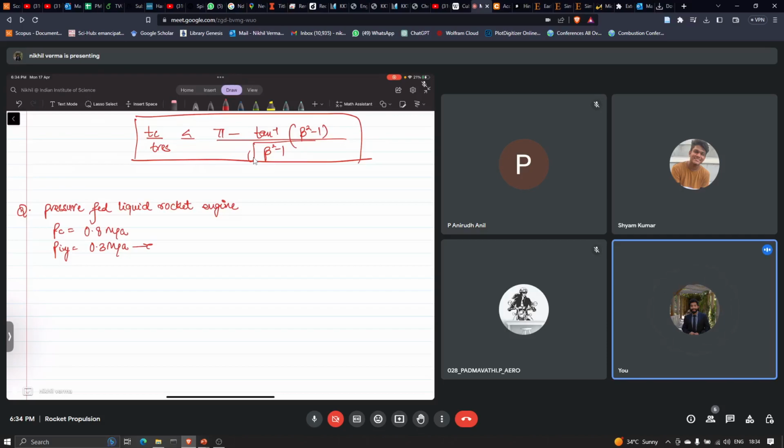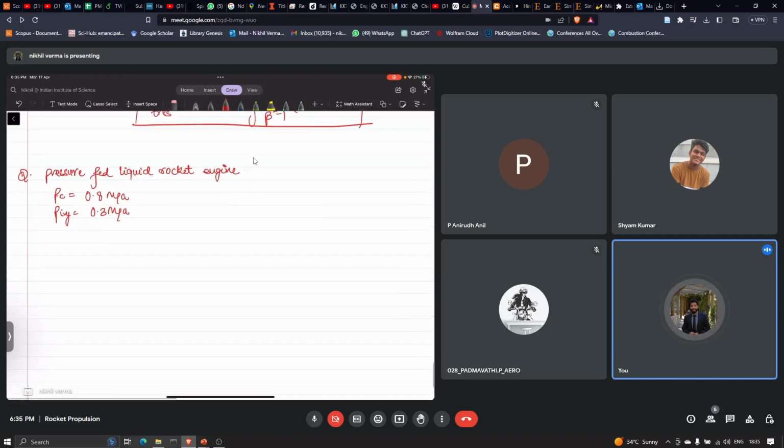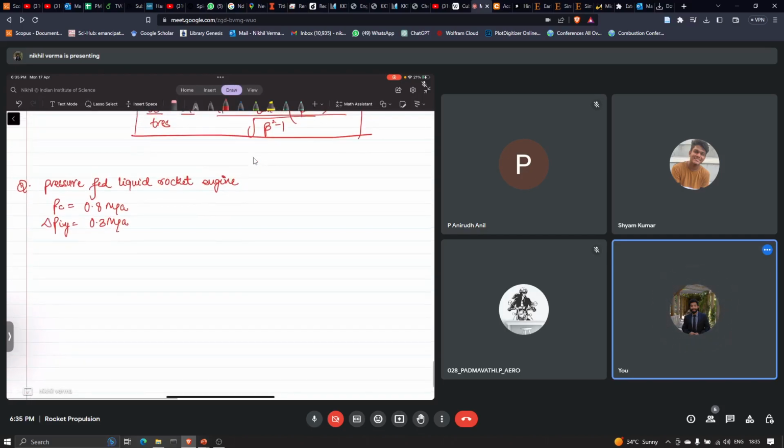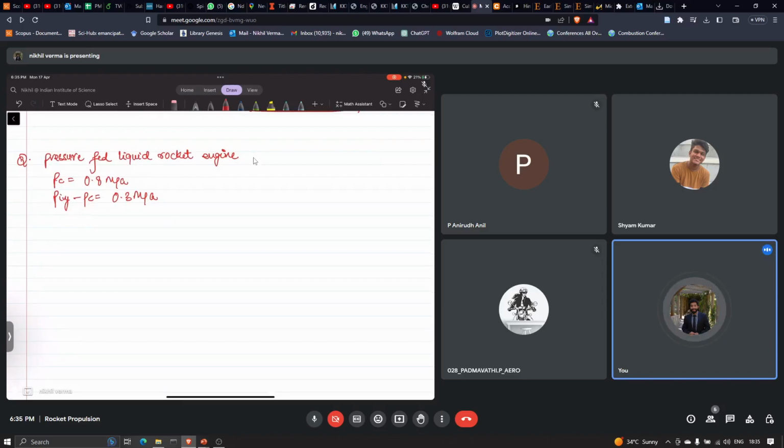Let us write this first. Delta P is given, that is the pressure drop, which is P injection minus Pc, given as 0.3 MPa. We have to predict whether this rocket will fail or not.